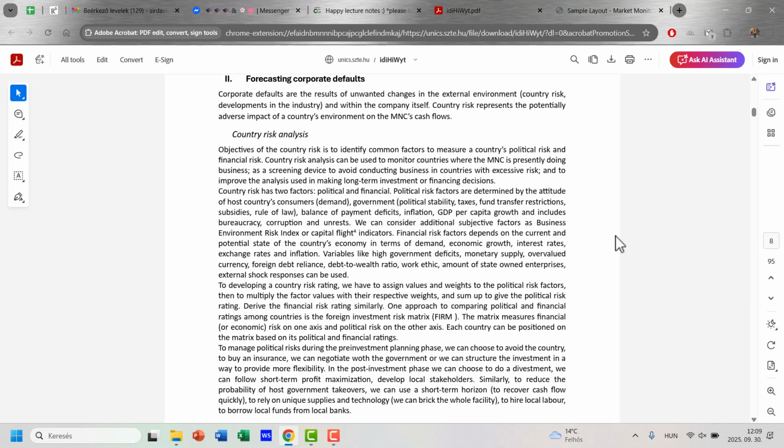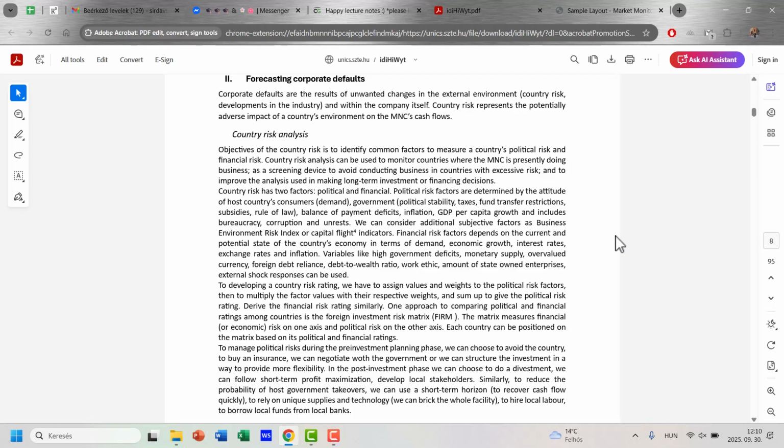It will be necessary to see not just the value of the company, but how the probability of default also develops in time. Obviously we have to improve the value of the company, but we have to mitigate risks to avoid a higher probability of default. So obviously we have to do both things.